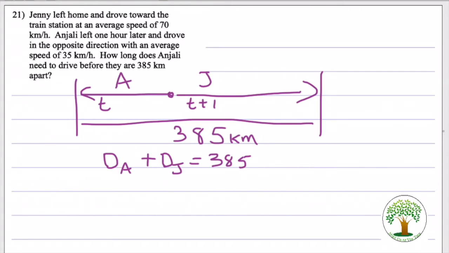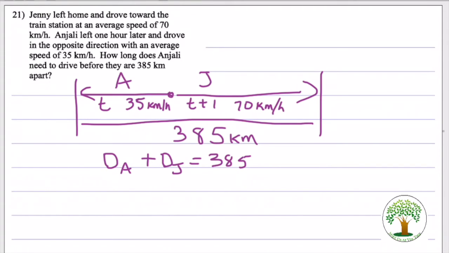Okay. So what is Anali's speed? 35 kilometers per hour. And Jenny's speed is 70, I believe. Mm-hmm. It's about 4 hours. He's estimating because he doesn't have a calculator.